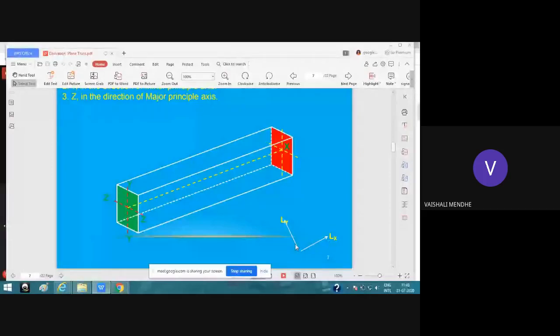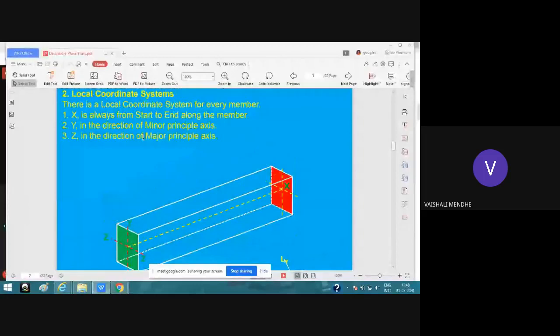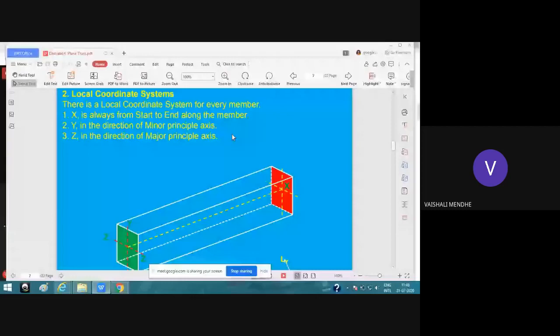So this local coordinate system will always change for every member. There is a local coordinate system for every member, so whenever we are analyzing a plane truss, we have to define a local coordinate system for every member.